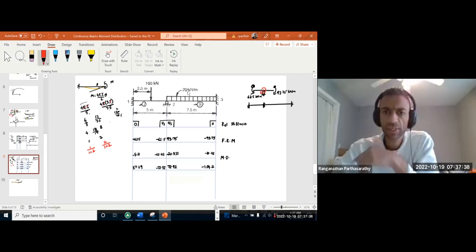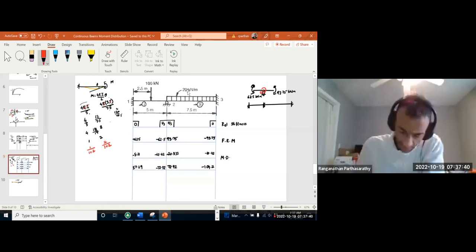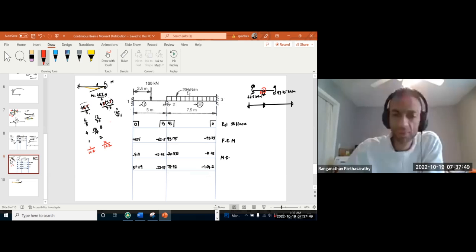So W is 20 kilonewton per meter, 20 times L square 7.5 square by 12, we got 93.7. Yes. So is it clear, Bryson?